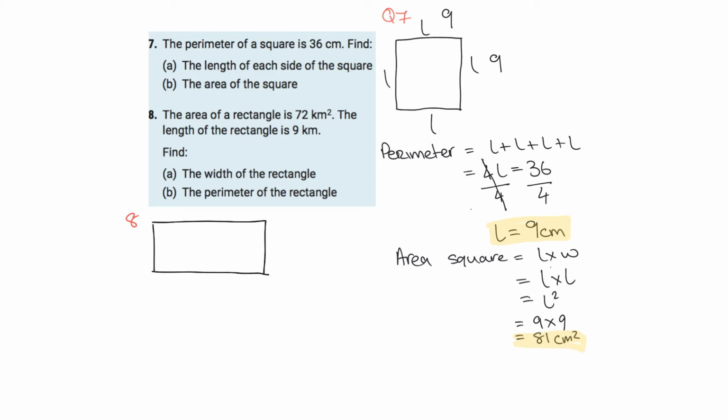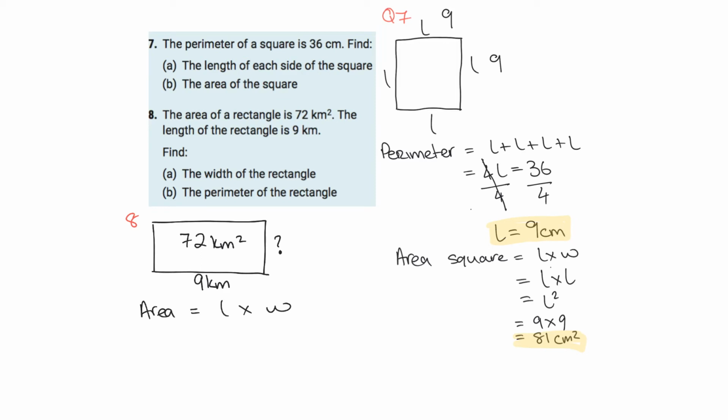So just draw a picture of what you're told in the question. You have a rectangle. Its area is 72 kilometres squared. The length of one side of this is 9 kilometres, but we don't know what the width is. We've got to find out what the width is. So I know that area equals length by width.